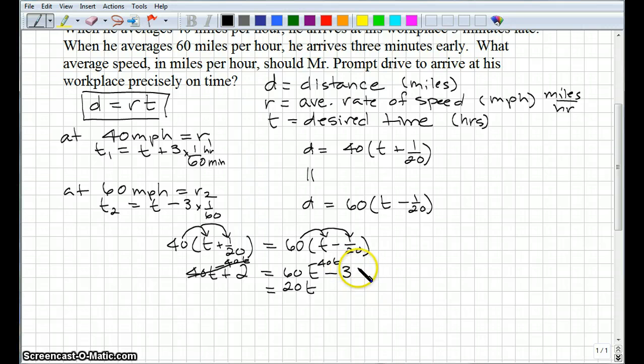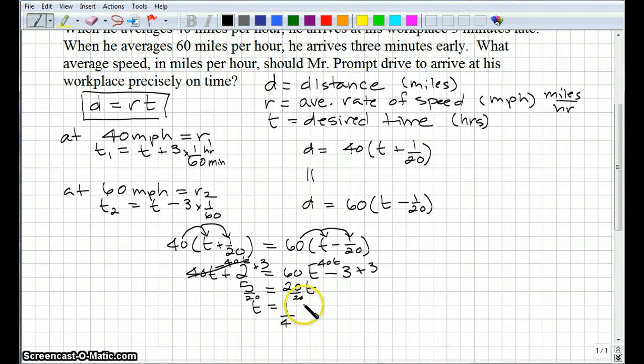Then we can move the 3 over by adding 3 to both sides, and we'll get 5 over here. So what does that tell us? If we divide both sides by 20, t is equal to 5/20, or we could write that as 1/4.